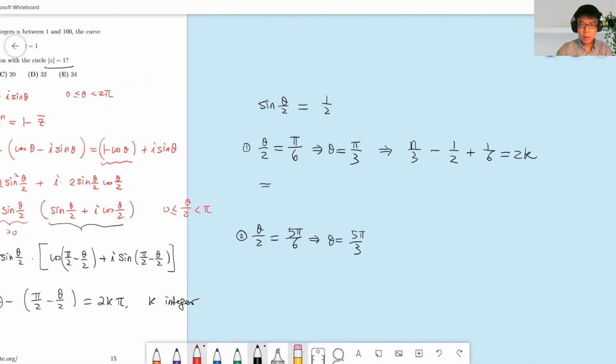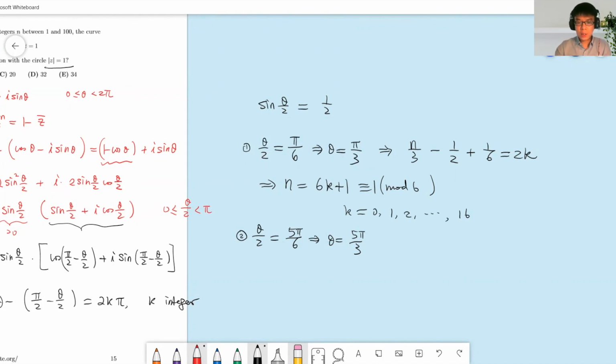Now, this implies n equals 6k plus 1. So n has remainder 1 when divided by 6. That's the requirement here. Now we consider n between 1 and 100. So here k can basically be 0, 1, 2, up to 16, right? There are 17 values here.